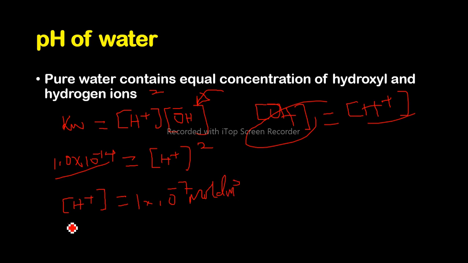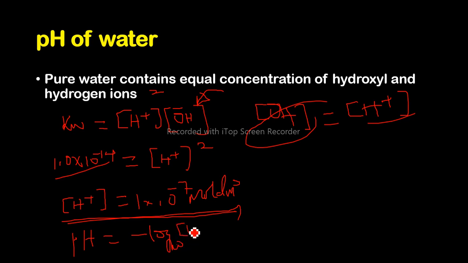Now, after getting the concentration of hydrogen ions in this solution, we can use it to determine the pH, which is the potential hydrogen, as negative log to base 10 of the concentration of hydrogen ions. So simply substitute.